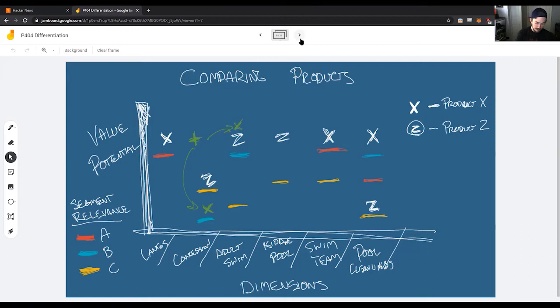Well, product Z could come in and potentially just clean up that pool. It might be hard though, right? We're trying to capture not just cleaning the pool, but coming away with the product positioning and the brand of being a clean pool, right? It's not just a matter of cleaning the pool.